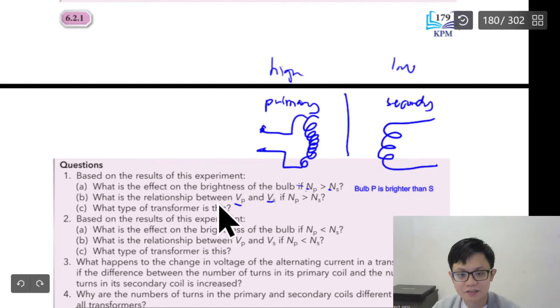What is the relationship of VP and VS if the number of NP is higher than the number of NS? What's the relationship?